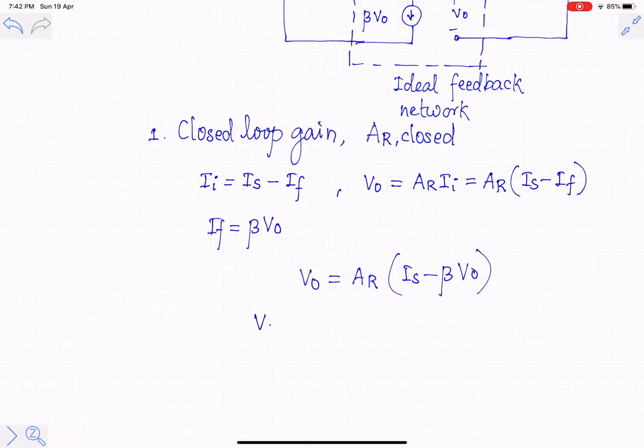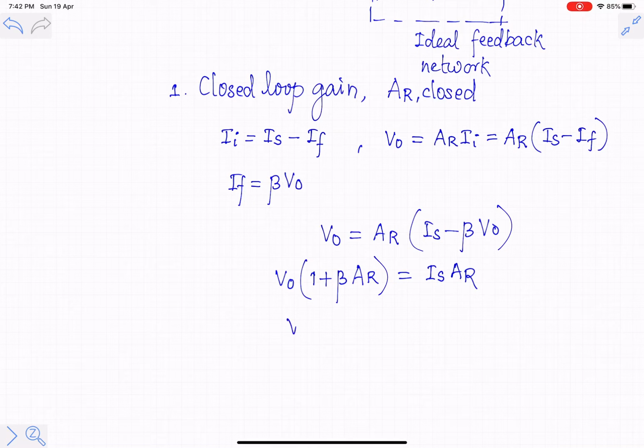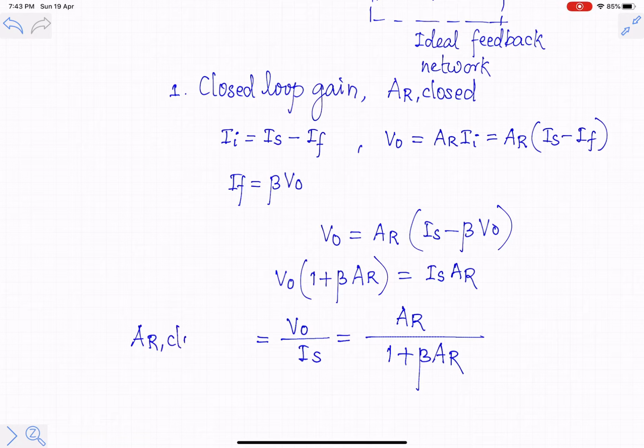So if the V0 related terms are taken on one side, (1 plus beta into AR) into V0 is equal to IS into AR. So from this we can see that V0 divided by IS is equal to AR divided by 1 plus beta into AR, which is nothing but AR closed.